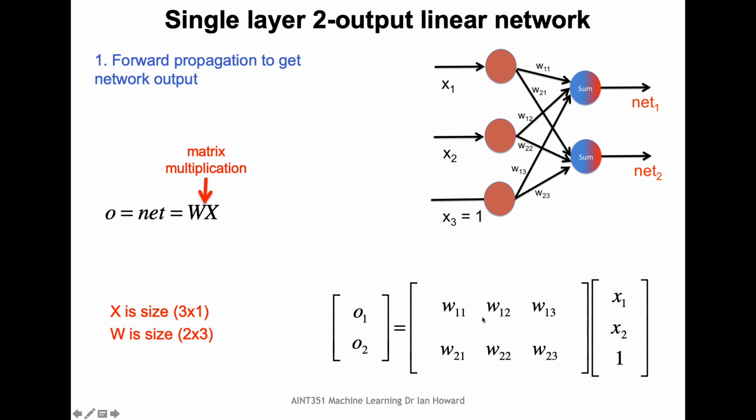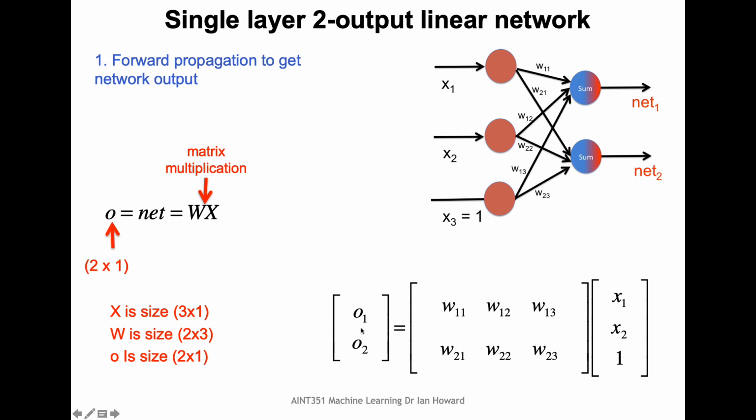The weight matrix is going to be a 2×3, so don't forget the number of columns in this has got to be the same as the number of rows in x, otherwise you can't multiply them. But we see also that we've got 2 outputs in this system, so we have to have 2 rows of weights. The first row of weights at the top corresponds to the first output, and the second row corresponds to the second output.